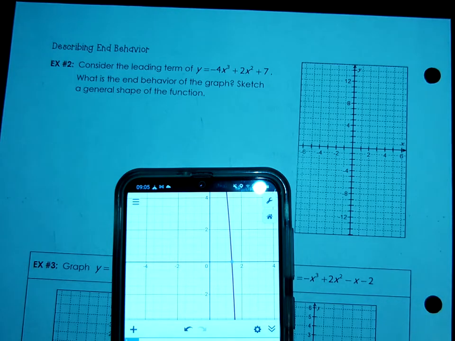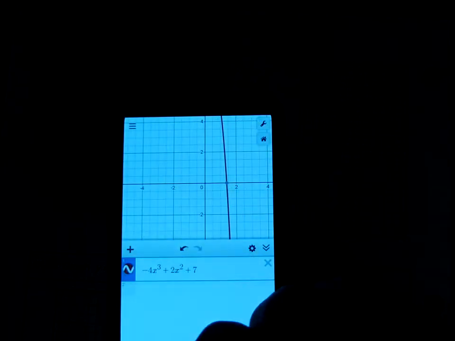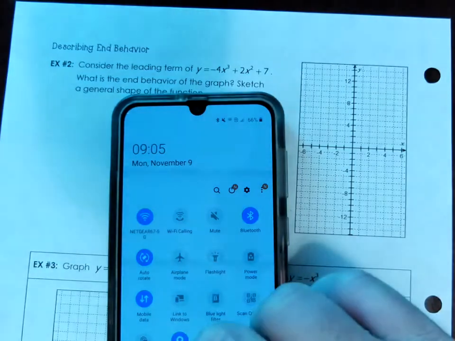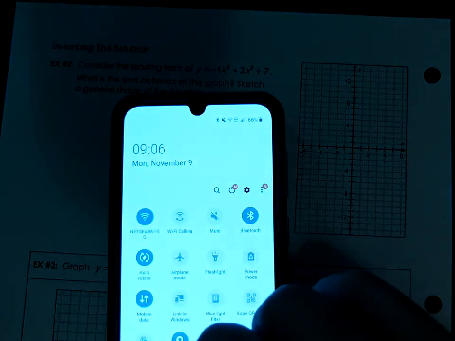Let me see if I turn this light off, if that helps with the graph a little bit. Ugh, that is horrible. So bright. Let me see. This is what I need, maybe? Yeah, something like that, maybe. Yeah, that looks pretty good. So I'm going to zoom this out.